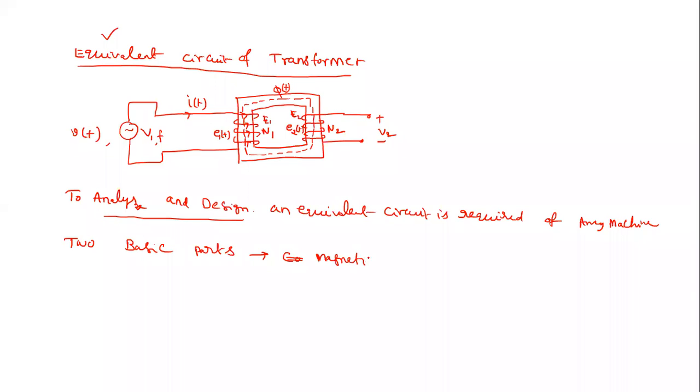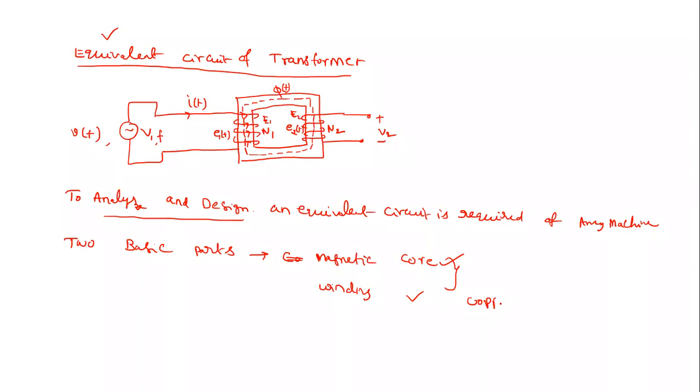A magnetic core and windings. So what are the different types of losses? Iron losses and copper loss. Yes, exactly. Iron losses occur in the magnetic core. Copper loss occurs in the windings.